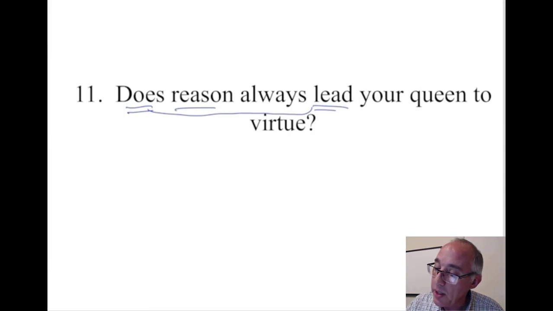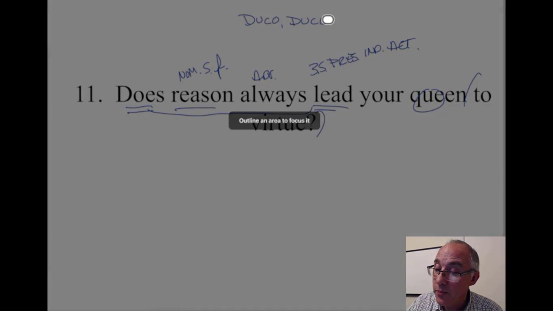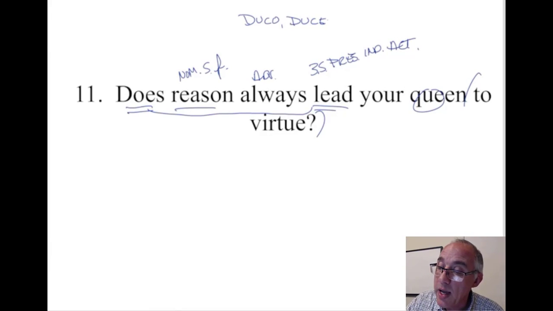Lead, queen, to virtue. There we go. Reason, nominative, singular, and I'm going to use ratio, so it's feminine. Always is an adverb. Does lead, third person singular, present, indicative, active of what verb? Let's use duco, ducere, duxi, ductum.